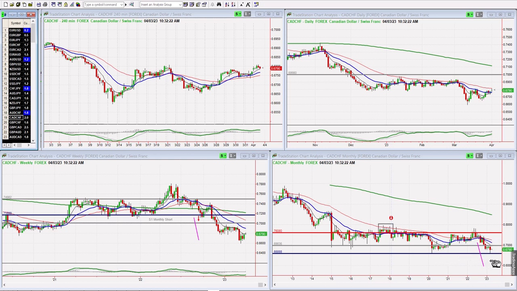Now we've got a double bottom, and if that double bottom fails, if price runs over that level, it's a very precise level, then we should actually see a pickup in momentum here as well.